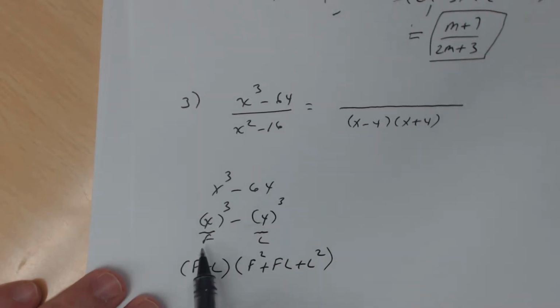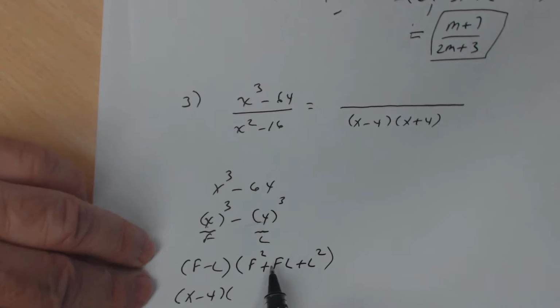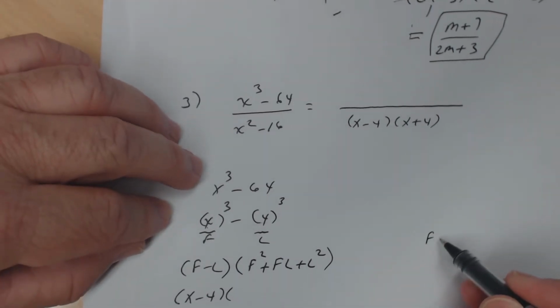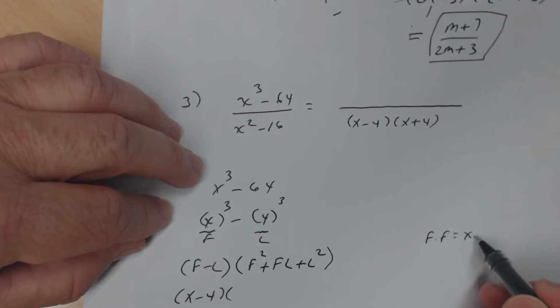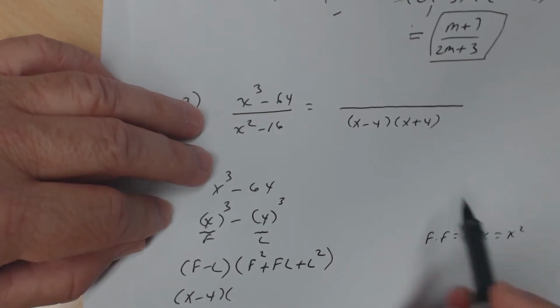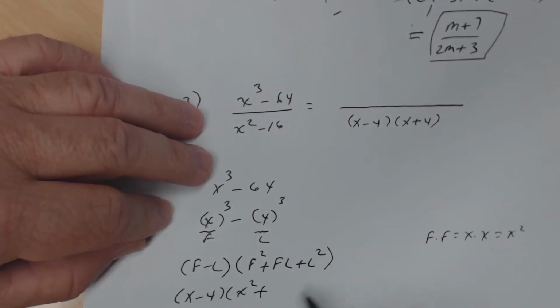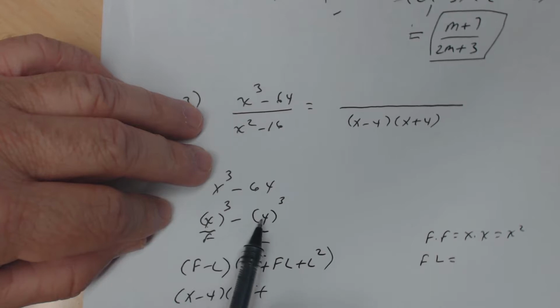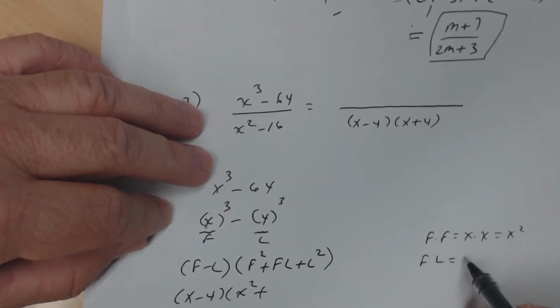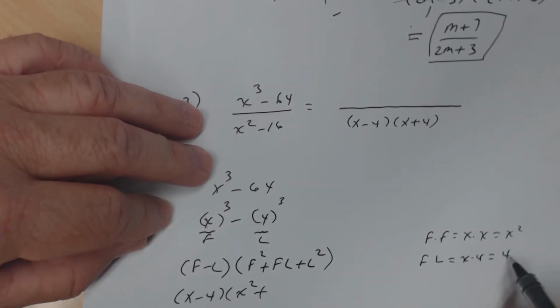All right, and so then you get F minus L, so that's x minus 4, times F squared. Remember, F squared means F times F, so if F is x, x times x is x squared, so that goes here, plus F times L. F is x, L is 4, so that means x times 4, which is 4x.